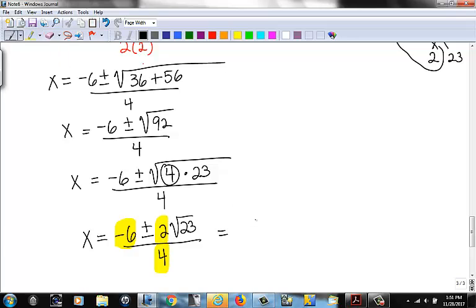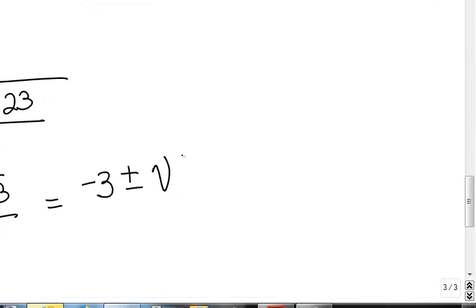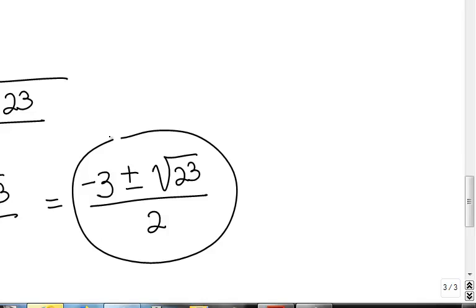So, x equals, 2 goes into negative 6, we have negative 3 plus or minus, 2 goes into 2 once, so radical 23 all over 2. Final answer: negative 3 plus or minus radical 23 all over 2.